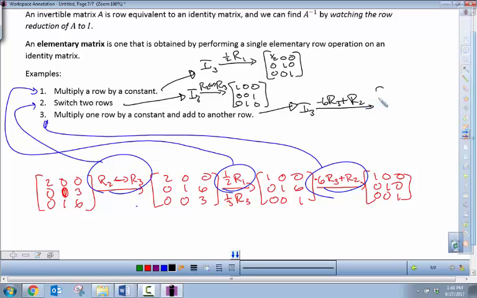What's that matrix going to look like? 1, 0, 0, and 0, 1, negative 6, and then this one stays the same. Okay? So these are examples of elementary matrices. These are elementary matrices because there's one row operation that you would do to the original identity matrix to get this.